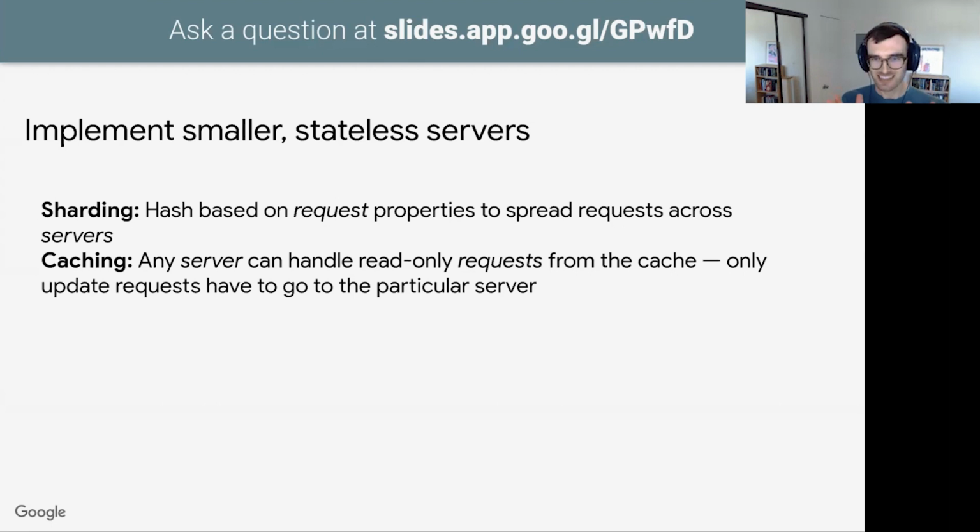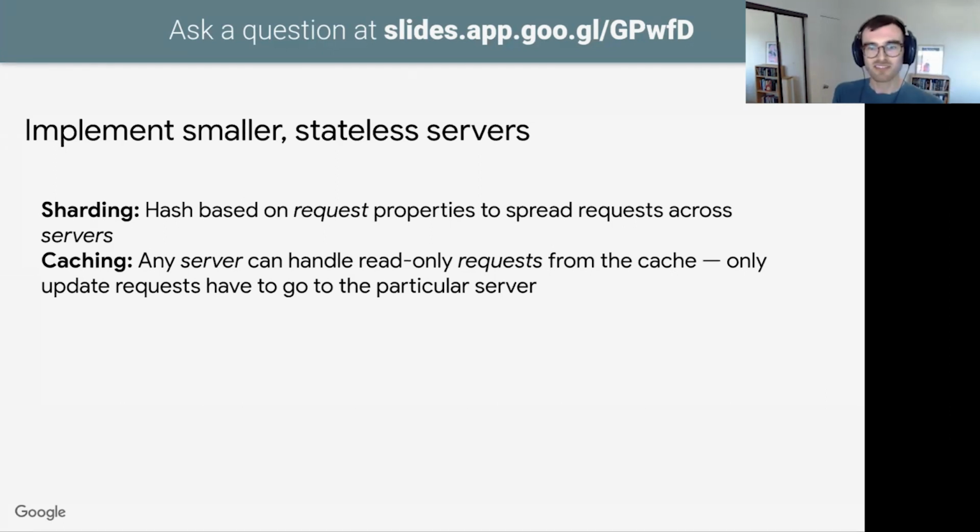You're hashing the image in some way and saying, because of this hash, it goes to this machine. An easy way to think of it is: it has an ID, the ID is a number, odd numbers go to server 1, even numbers go to server 2. But you want it to be spread over a large enough space so that all of your servers can get hit, hopefully evenly.